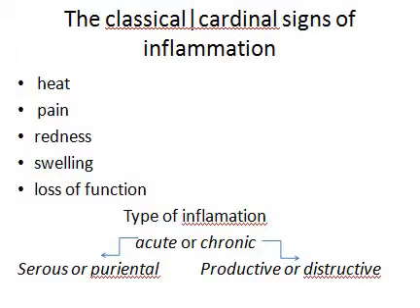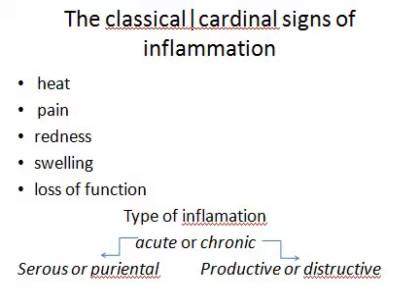Depending on the duration and severity, inflammation is distinguished as acute, subacute, or chronic. Acute inflammation is characterized by rapid progression and is associated with typical signs and symptoms. If it does not regress completely, it may become subacute or chronic.